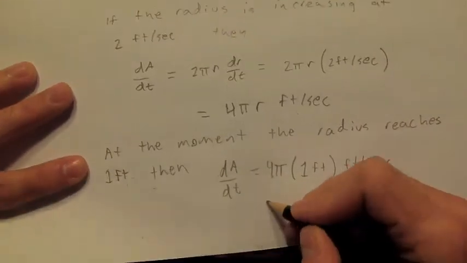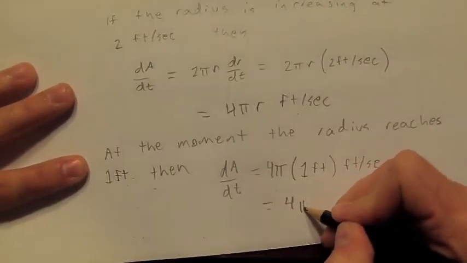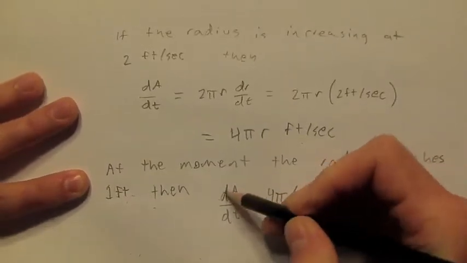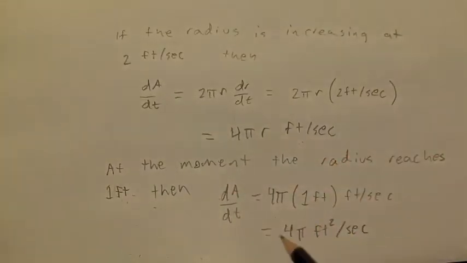And there we go. We'll end up with 4 pi feet squared per second, right? And since this is area, it should be increasing in feet squared, or square feet, per second.